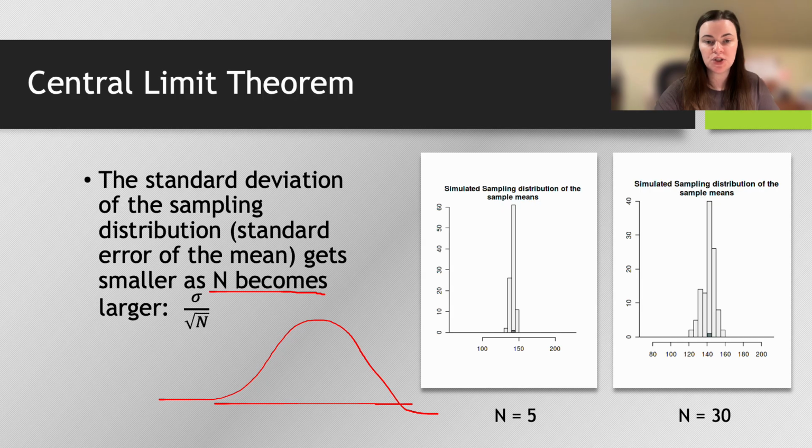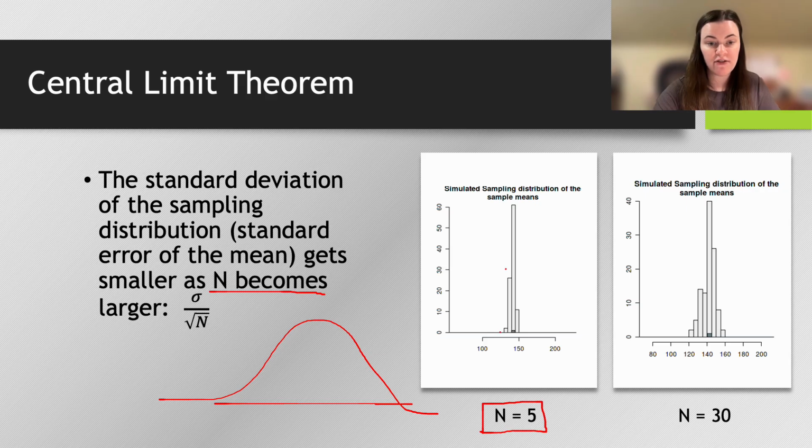Let's take a look at these two examples here on the right, because I think it'll help us illustrate this a little bit better. Let's take an example of a simulated sampling distribution of sample means using only 5 different samples. You can see here that some of those samples might be clustered together, right?